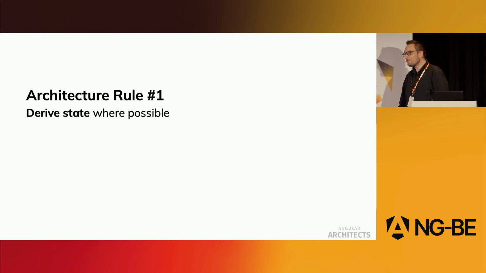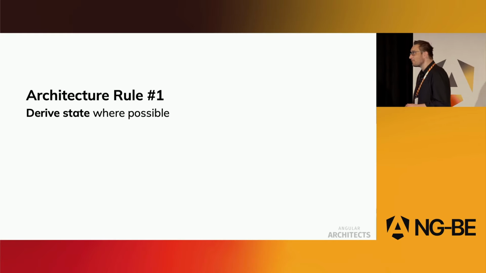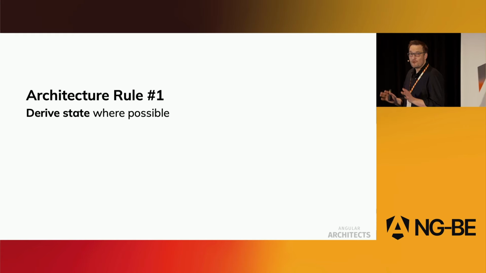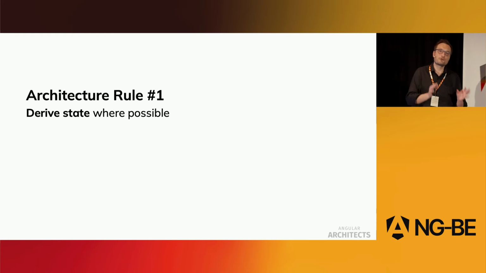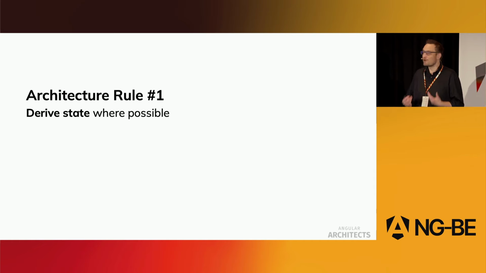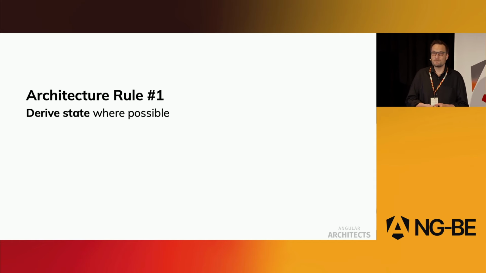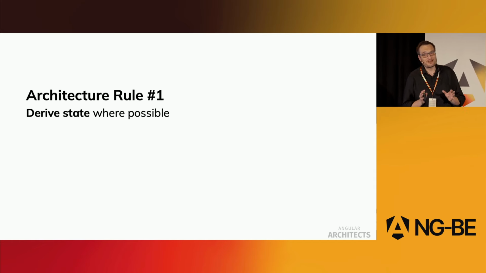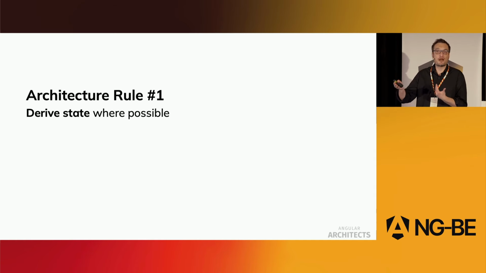This nicely helps us with this end-to-end data flow, and this brings me to my first architectural rule of thumb, which is derive state wherever possible. This is completely in the sense of reactive programming, of this paradigm we need to switch over to.